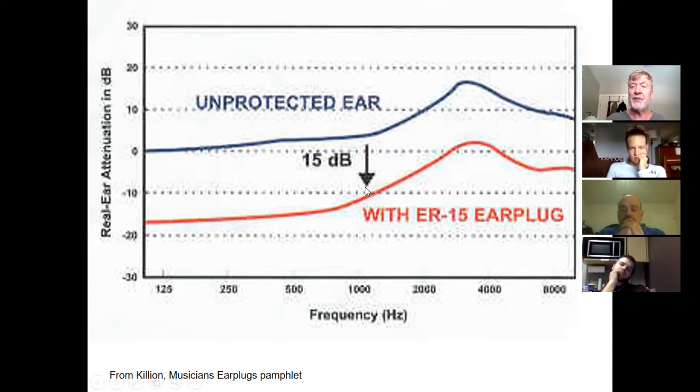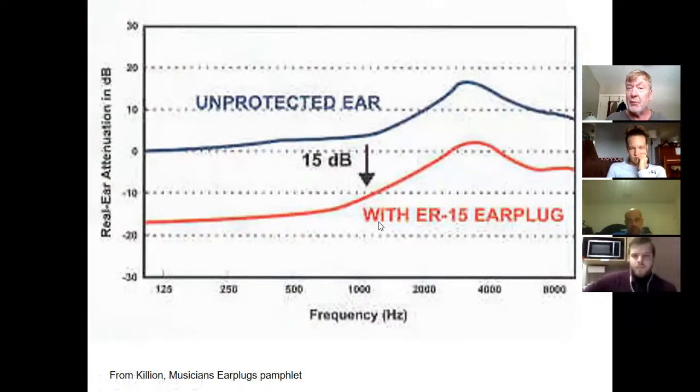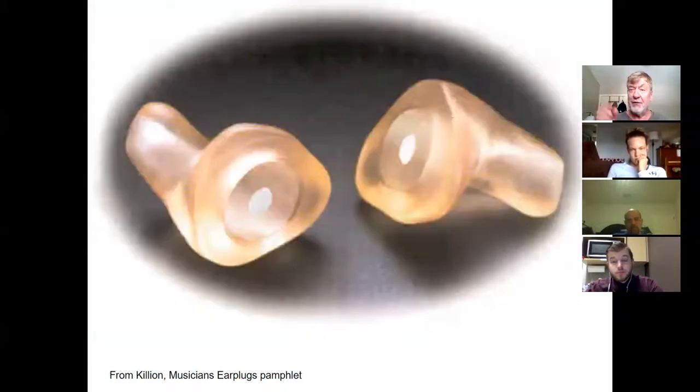So these kind of earplugs, they attenuate by about 15 decibels. And look what they do. They preserve that outer ear canal resonance, that natural way in which you hear. That's why these cost more than foam earplugs. They're special earplugs.